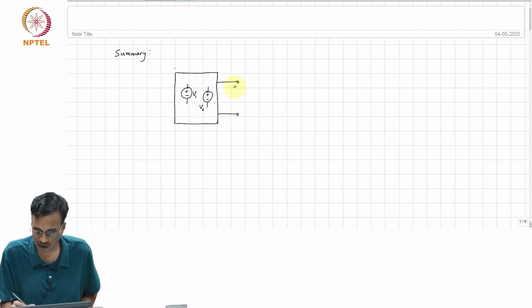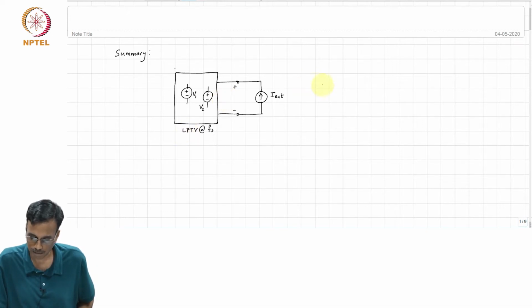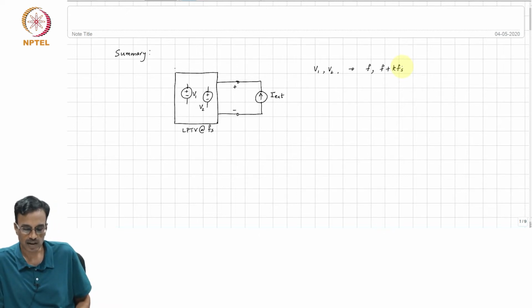And what we said yesterday was that if, for instance, the network is excited by an external current and the network is operating periodically at Fs, the voltage across the two terminals V external can be written as two things to bear in mind: V1, V2, etc. are basically sources that have frequencies f or, in general, f plus k times Fs, where k is an integer, right. This is in direct analogy with when you have a linear time invariant system.